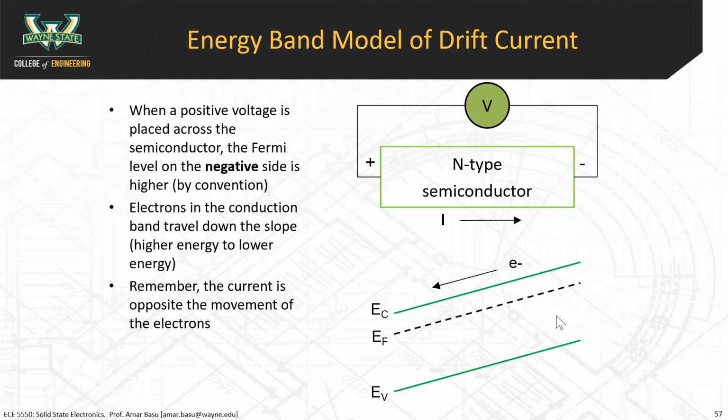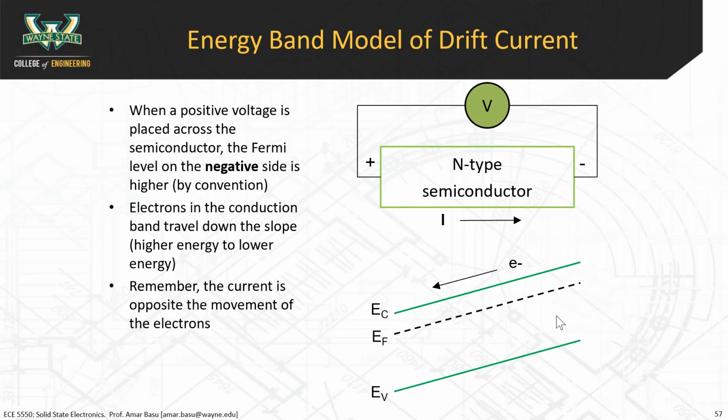Drift current is one of the most fundamental transport mechanisms for electrons. And so I want you to understand it in the physical model and the energy band model. The physical model was the electrons are behaving as particles and they're just moving through the lattice. They're jumping from state to state. They collide. The collisions slow them down and so forth.